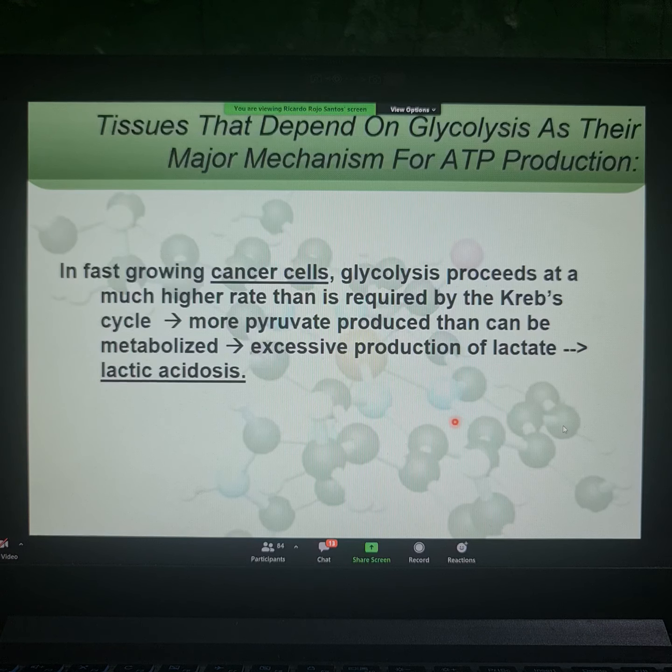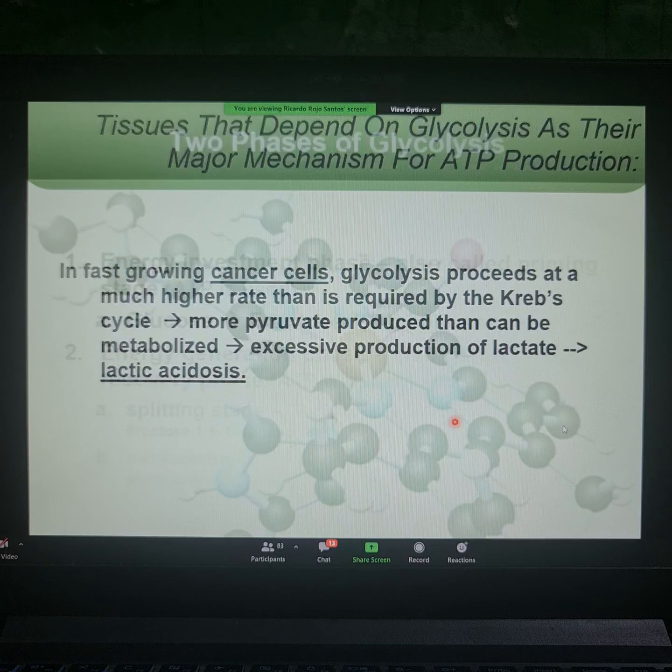And what kind of acid-base imbalance is this? It is metabolic acidosis. The normal pH of the body is 7.4 plus or minus 0.05. Once you go down below 7.35, you will already be in a state of acidosis, and that can kill you.